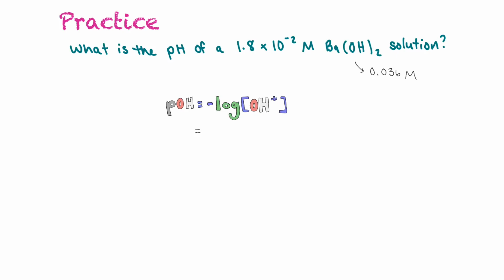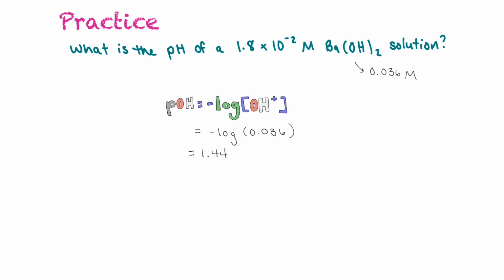So pOH is equal to negative log the concentration of hydroxide ions, so it's equal to negative log 0.036, and that is equivalent to 1.44, but we're not finished.